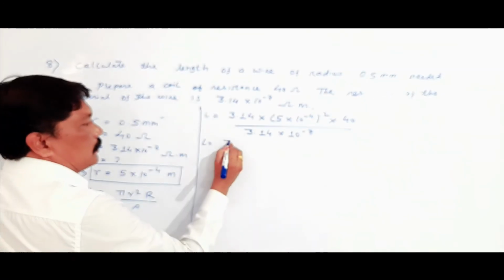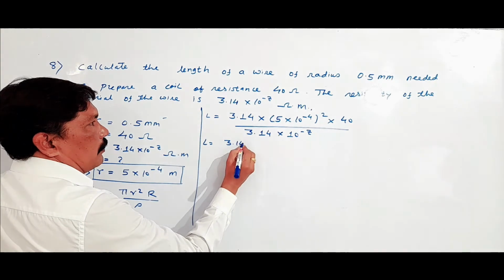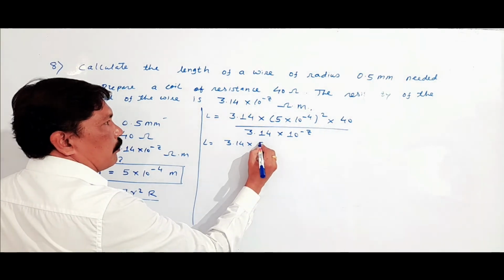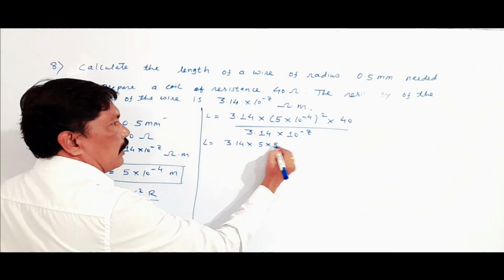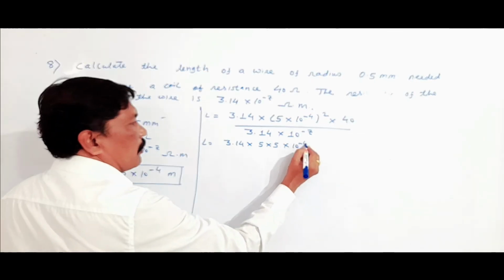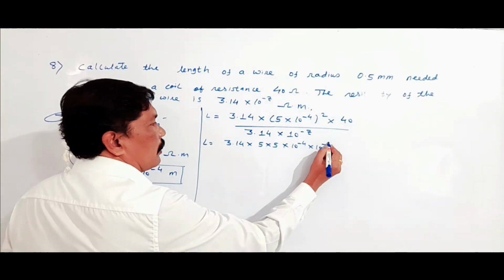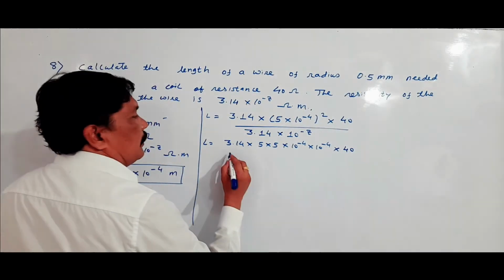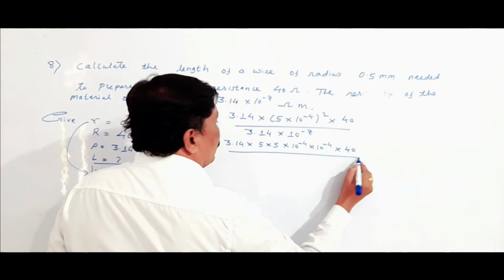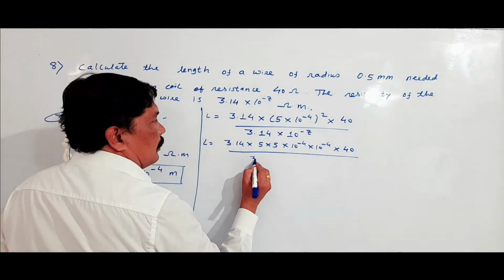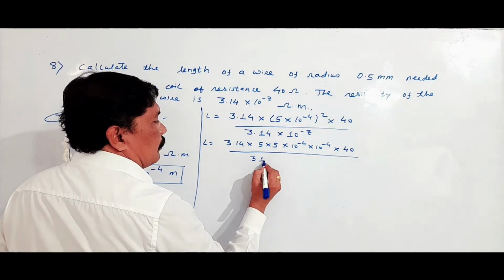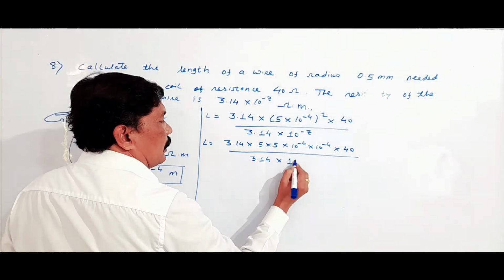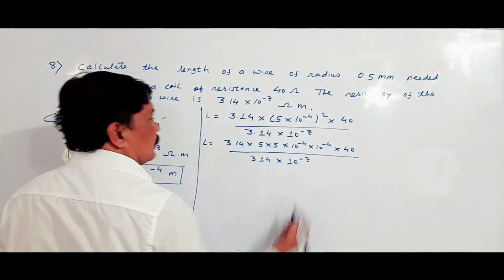L is equal to 3.14 into 5 into 5 into 10 to the power minus 4 into 10 to the power minus 4 into 40 divided by 3.14 into 10 to the power minus 7.